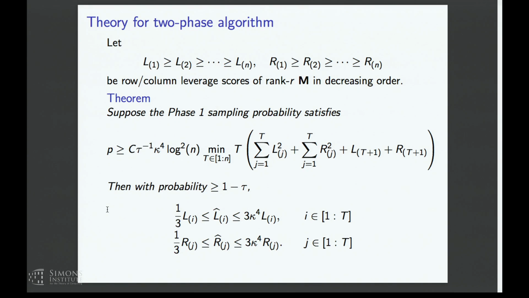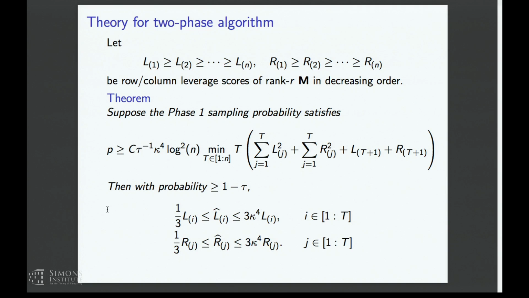We can say that if the phase 1 sampling probability, the probability that you sample an entry in the first phase where we do uniform sampling, is greater than this number, which has a dependence on the condition number kappa, times the minimum of this quantity over a parameter t from 1 to n, then with nice probability, the estimated leverage scores will be bounded above and below by the underlying true leverage scores, at least the largest t of them.